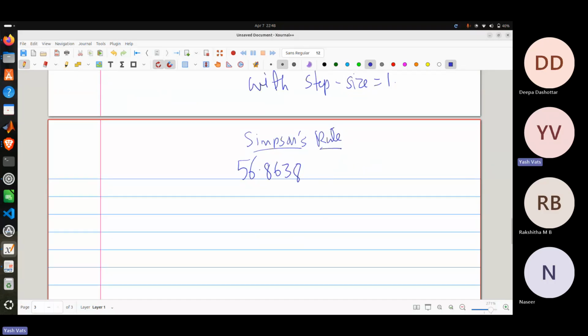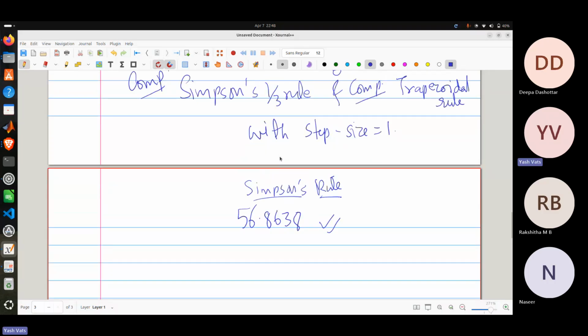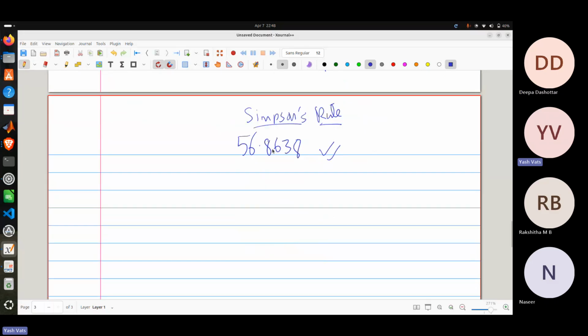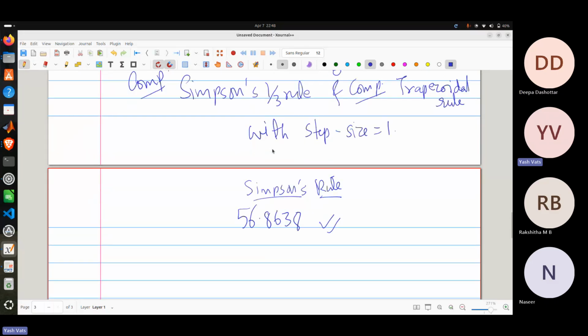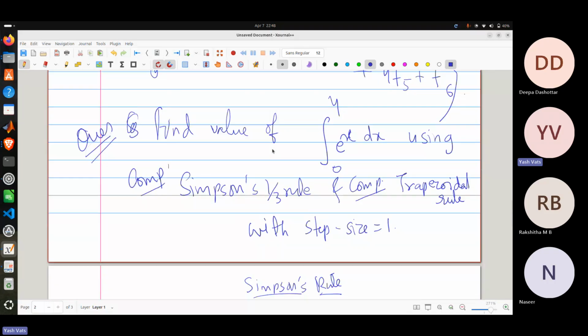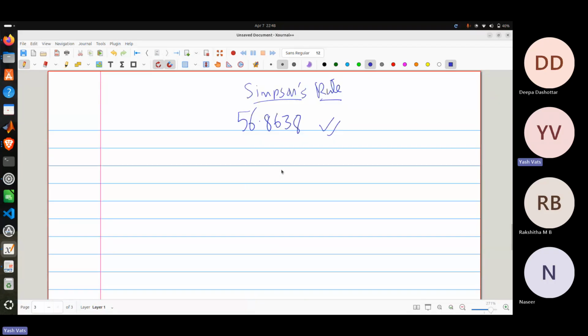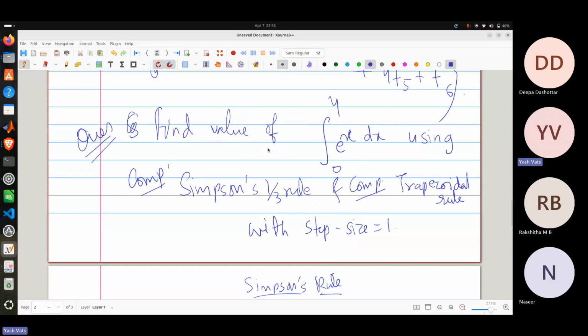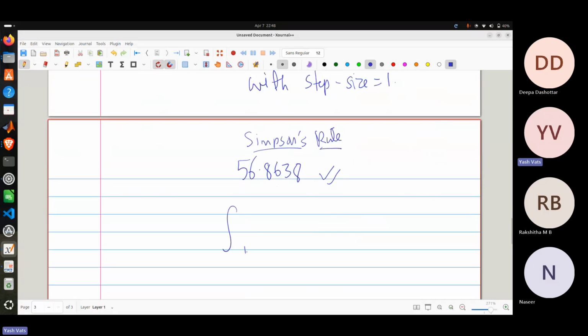So the idea is that by Simpson's rule you will be getting a more accurate answer, because the order of convergence is higher, so it will be closer. This is very clear: integral of 0 to 4 of e to the power x dx.